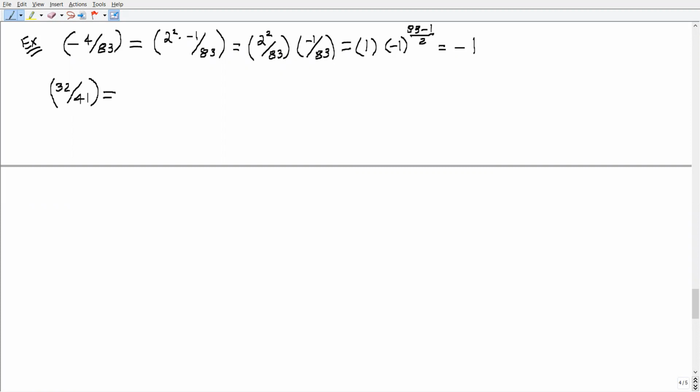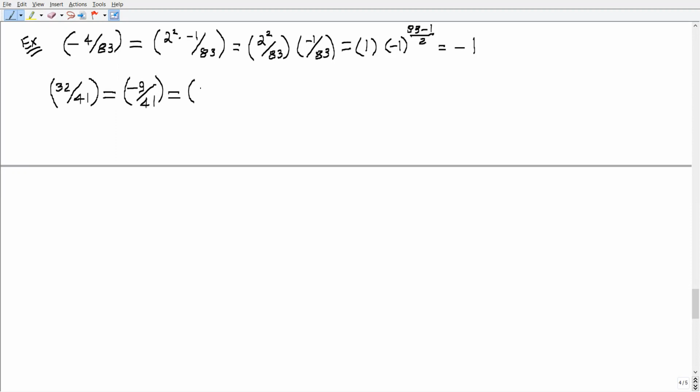This 32 can be written as -9 modulo 41. Because 32 is 2 to the power 5, but we don't have the Legendre symbol of 2 over 41, so we write the alternate, -9 over 41.